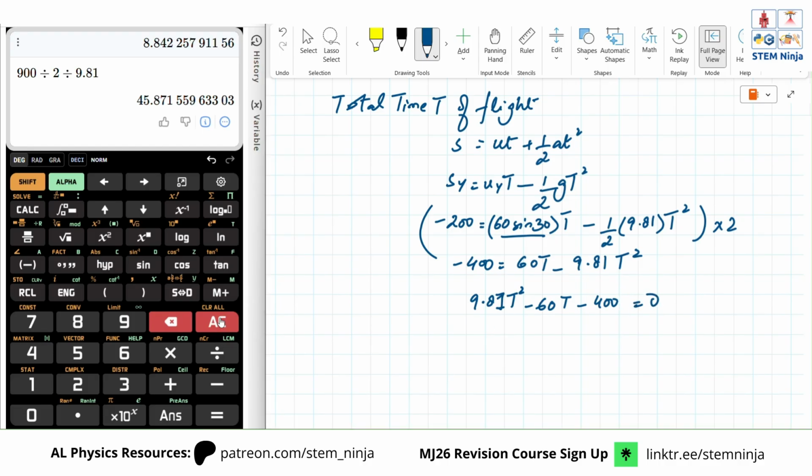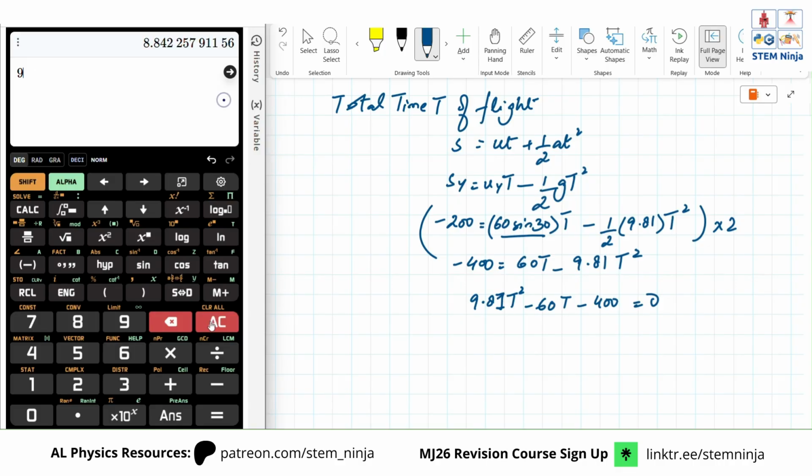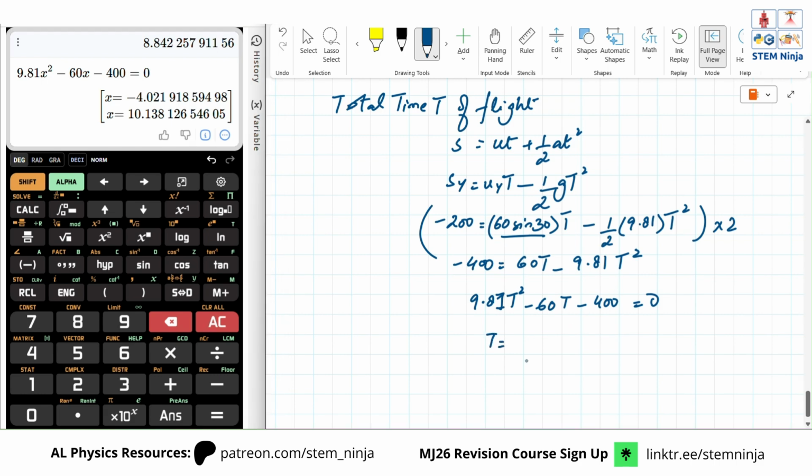So we solve this quadratic equation: 9.81 x squared minus 60x minus 400 equals 0. One answer would be negative. Obviously, time cannot be negative. So this is 10.138 seconds. So this is the total time.